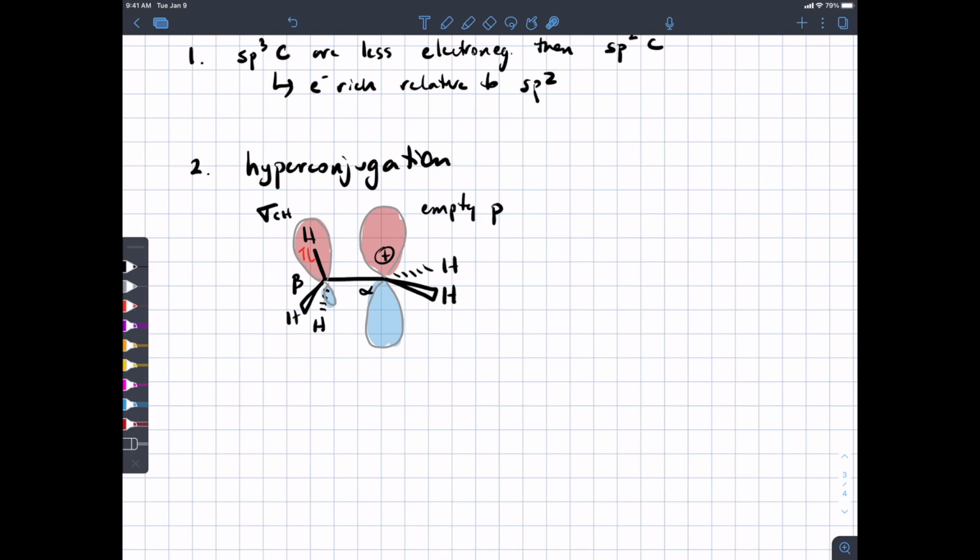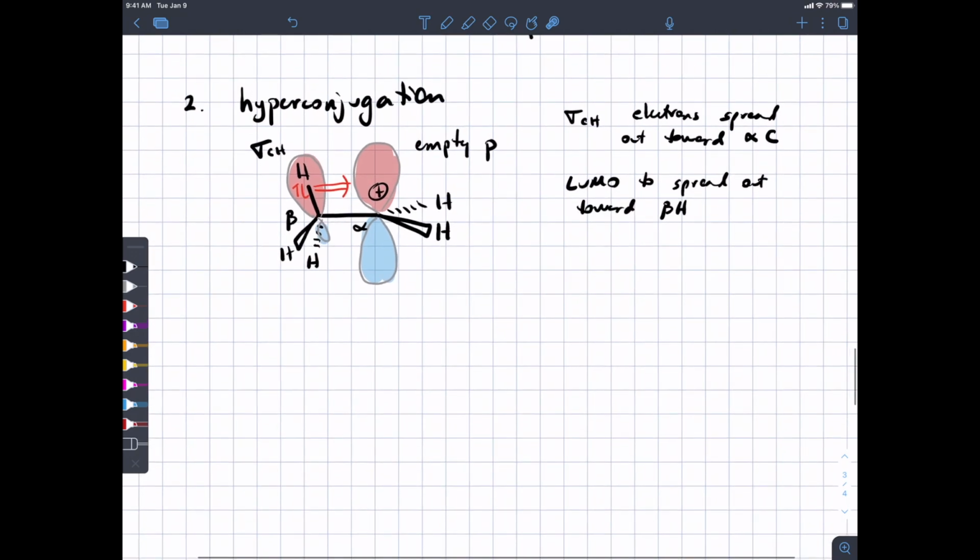The hyperconjugation allows the electrons in the filled orbital to spread out toward the alpha carbon, and it allows the LUMO to spread out toward the beta hydrogen.